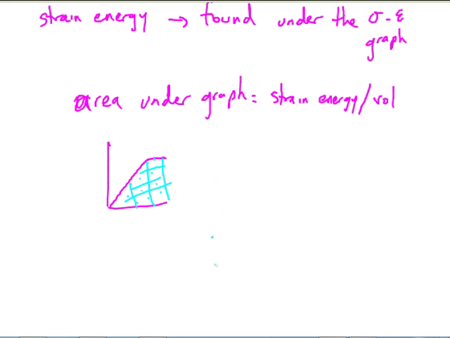Look at the scales of the graph, work out the value of one block, multiply it by the number of blocks. That gives you joules per meter cubed. So you're going to need to multiply by the volume of the material to determine the actual energy that's been stored.